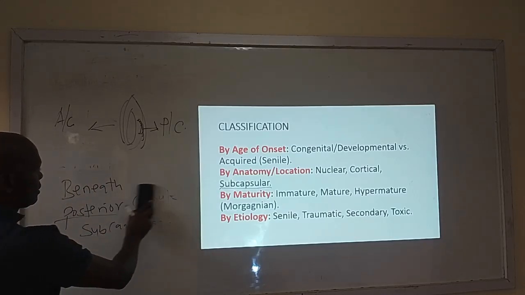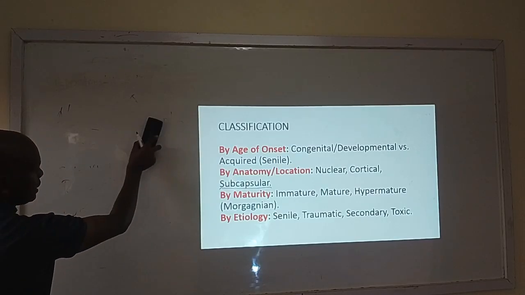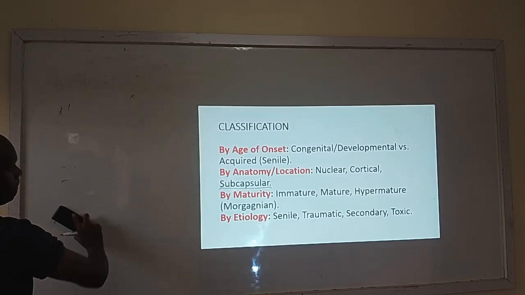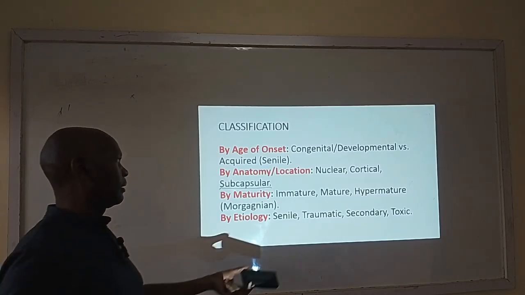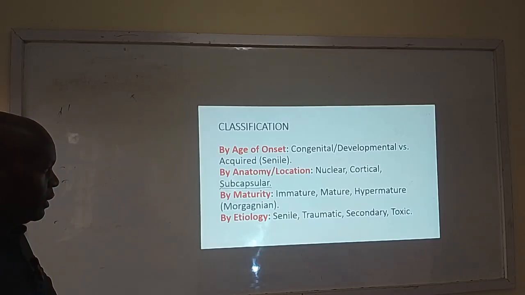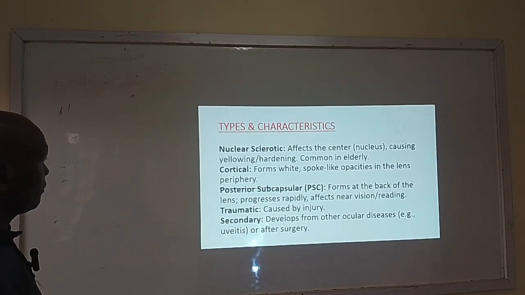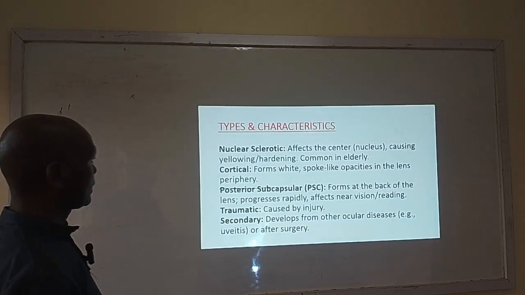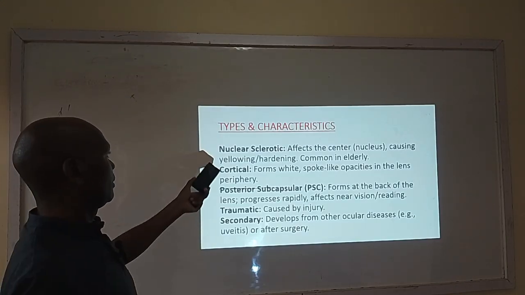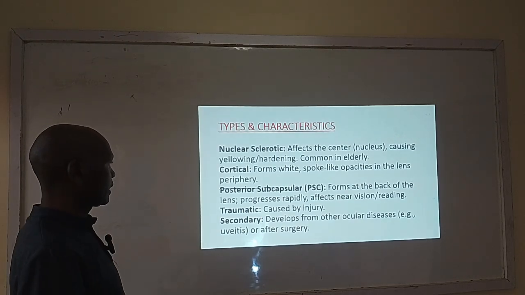You can also classify cataracts based on maturity, where we have mature or immature. Etiology we have already mentioned. Then we have types of cataracts. We have already mentioned nuclear sclerotic, where the nucleus is affected.